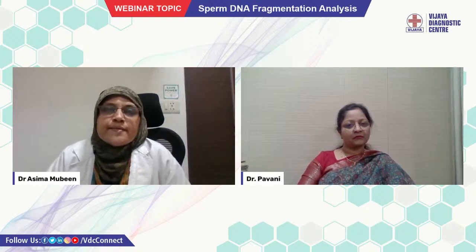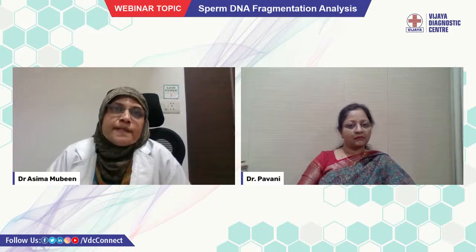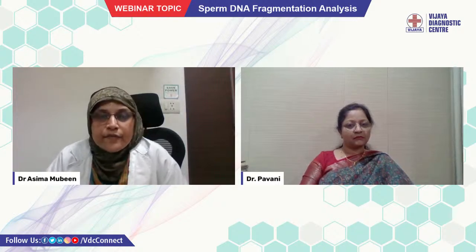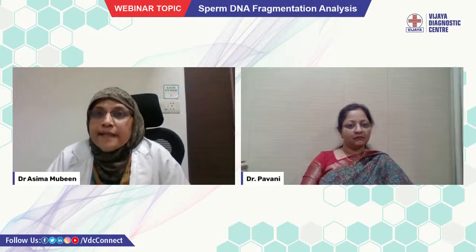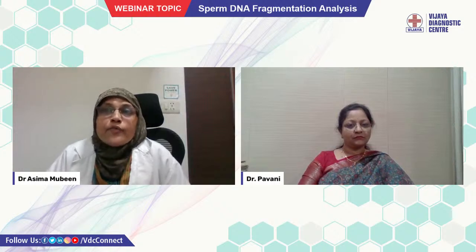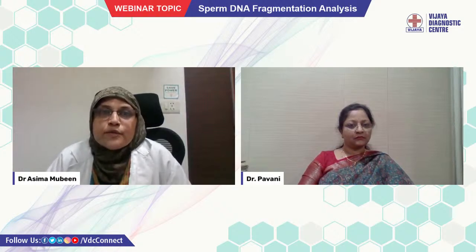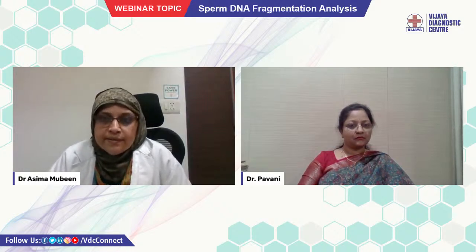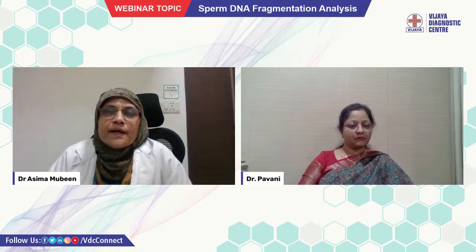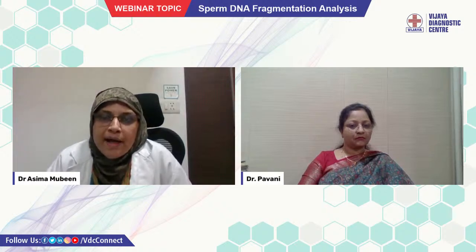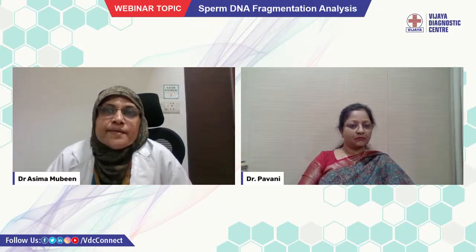We have proteins, histones, etc., which form the base of the DNA. So these proteins have to be removed, and we use a lysing agent for that. Of course, for fixation on the slide, we need a fixative agent.